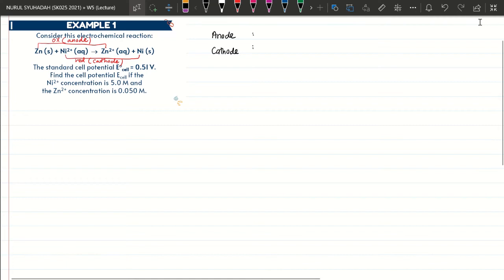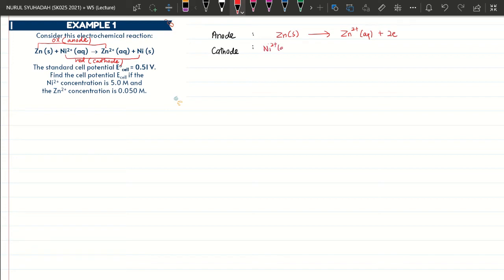Okay, so let's write down our equations. At the anode, we have zinc solid oxidized to produce zinc 2 plus aqueous plus 2 electrons, and then at our cathode, nickel 2 plus aqueous plus 2 electrons to produce nickel solid.